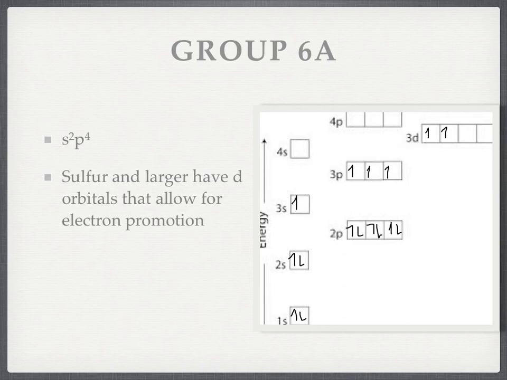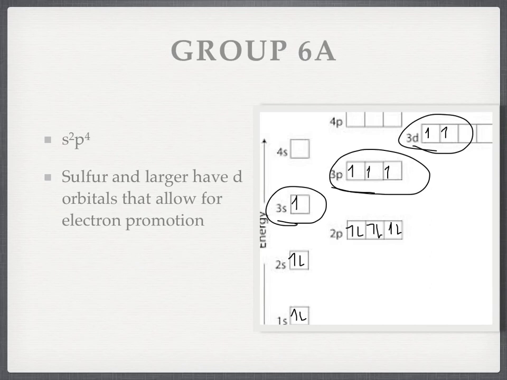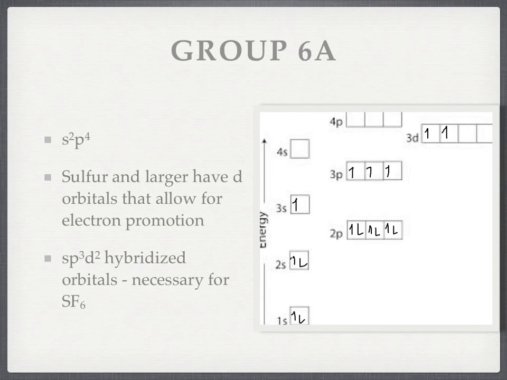So you get something like this. So notice you've got an s, you've got 3 p's, you've got 2 d's. So what do you suppose this particular hybrid is called? Hopefully that's what you said, sp3d2. And there is an actual compound of sulfur where it forms 6 bonds.